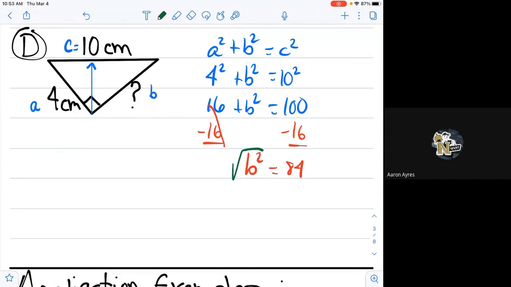And we're going to do square roots. I get B equals the square root of 84. Now, is 84 a perfect square number, kids? Is 84 a perfect square number? It is not. Okay? So we need to approximate it. And if I do that on my calculator, I believe I get B to be approximately 9.2.